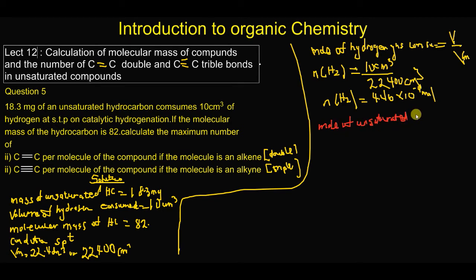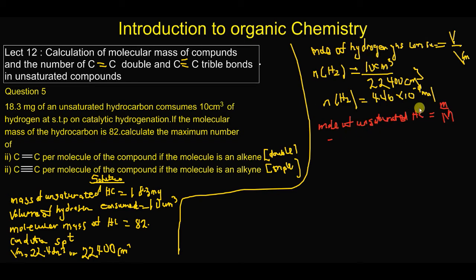So the mole of the unsaturated hydrocarbon is not at STP. So we are going to get mass over what? Molar mass. That is a mole concept. You use the mass over the molar mass and you get it. This compound was not at STP.